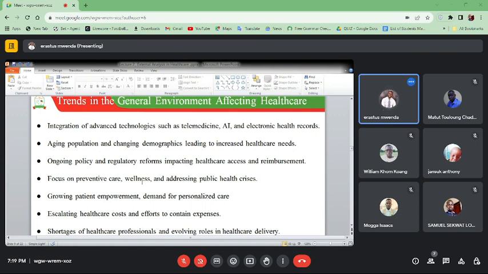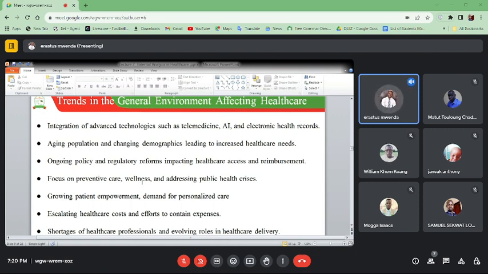Other trends would revolve around policy and regulatory frameworks. Like I said, these are going to be changing based on what government is in place. Every government has their own thoughts around healthcare. Different proposals would come about in terms of insurance, government-sponsored insurance, and so on and so forth.